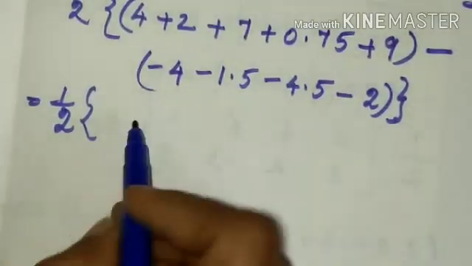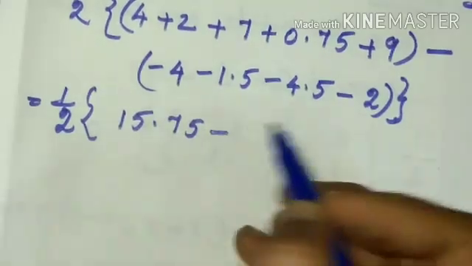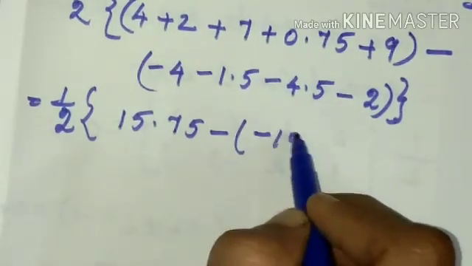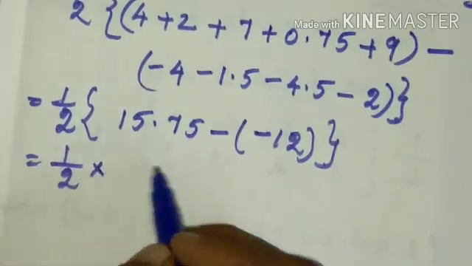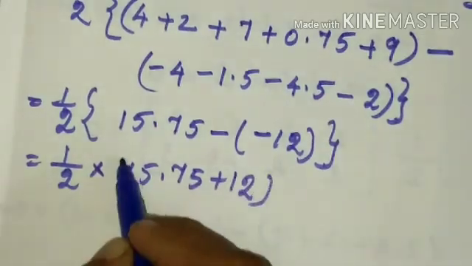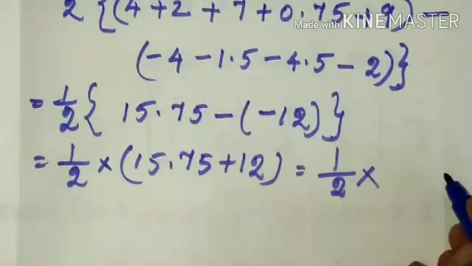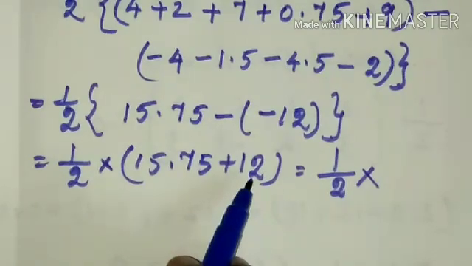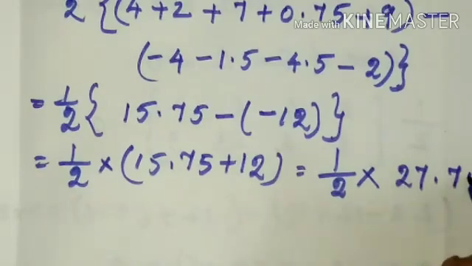Add this number means we get 15.75 minus of, add this one means we get minus 12. That is half into 15.75 plus 12, that is 27.75.